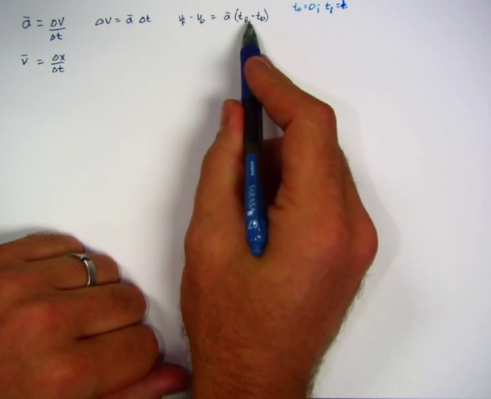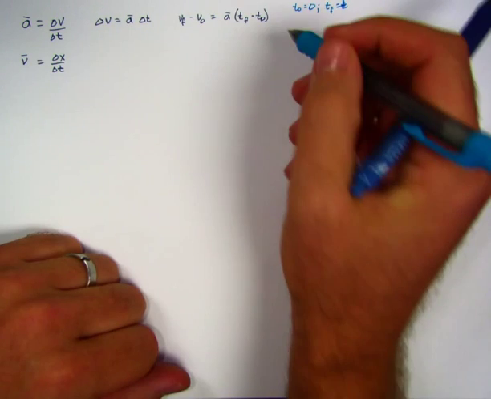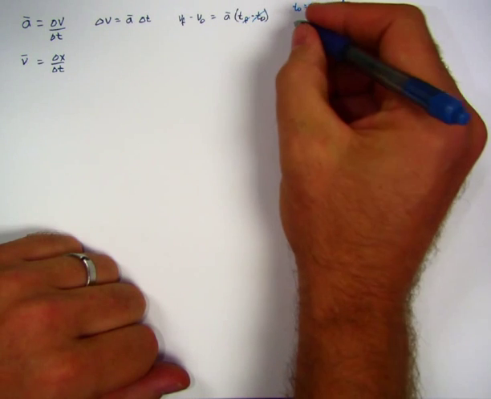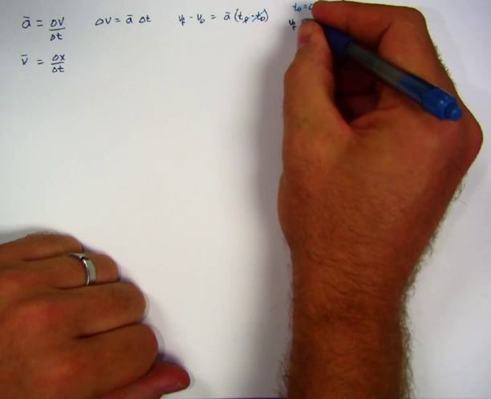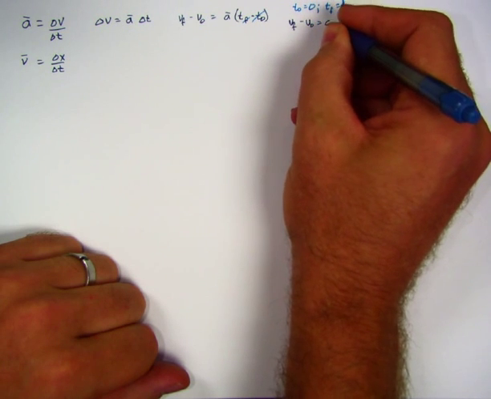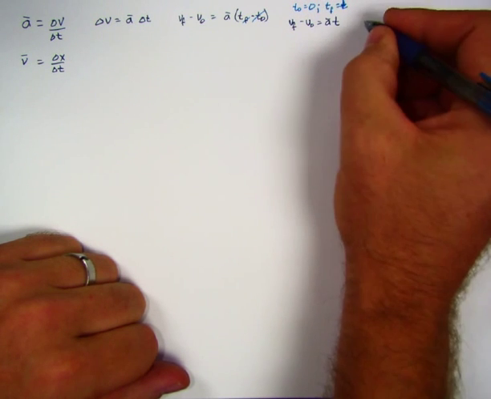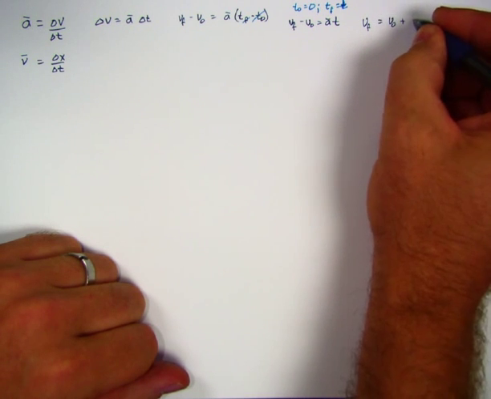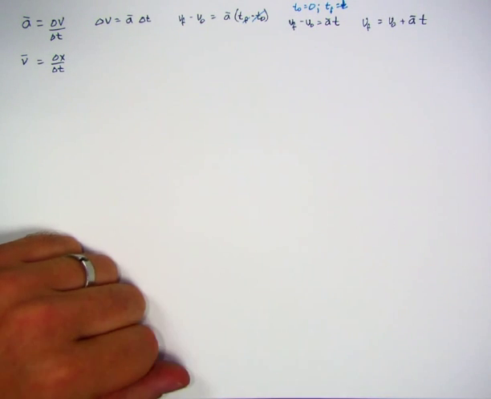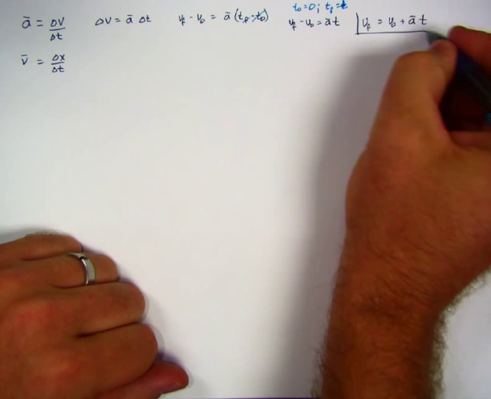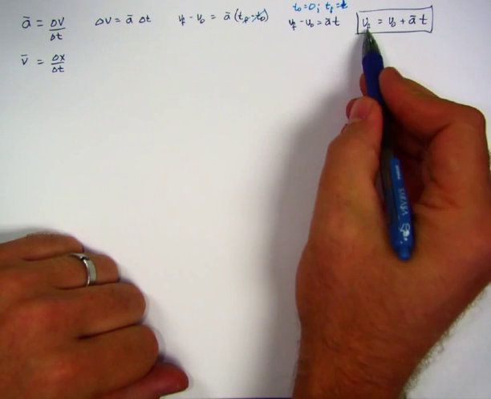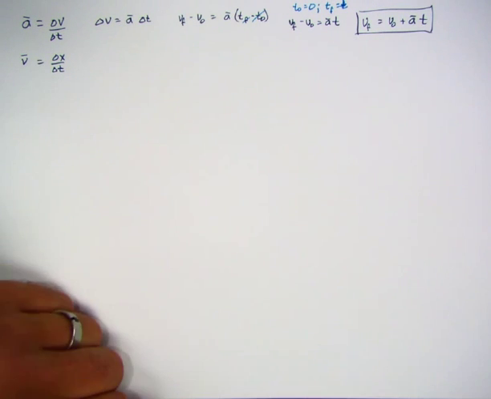So we get v final minus v initial equals average acceleration times time, or v final equals v initial plus a t. Alright, so that's a useful equation. Again, we did no mixing or anything. We just rearranged, got rid of some deltas, so that we know the final velocity in terms of initial velocity.